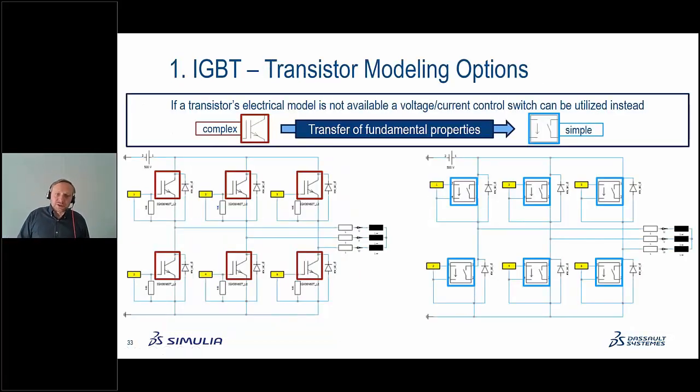The first question now, as I always said, is we should start simple, and we can also do simple on the circuit. Of course, most of the semiconductor vendors will provide you with SPICE models of the devices, but some of them have very, very complex SPICE models, and simulating them can be time consuming.